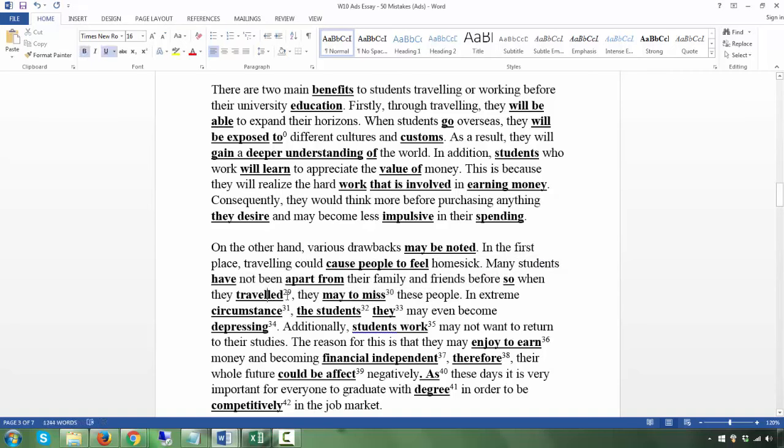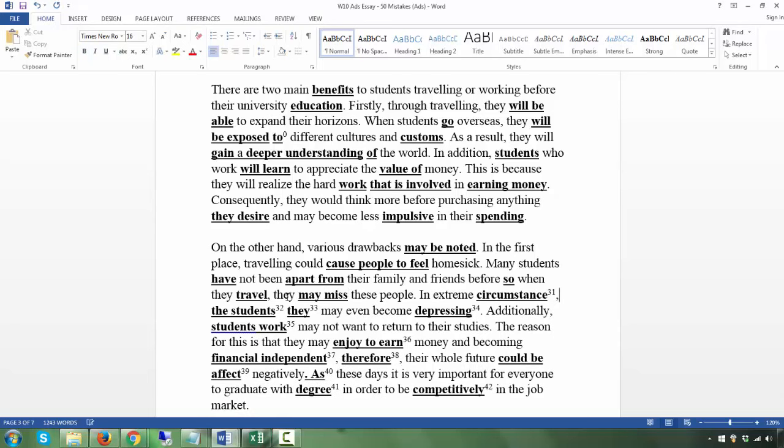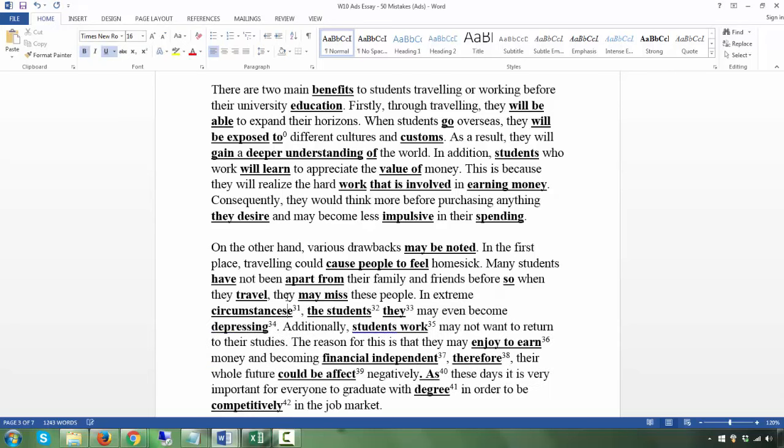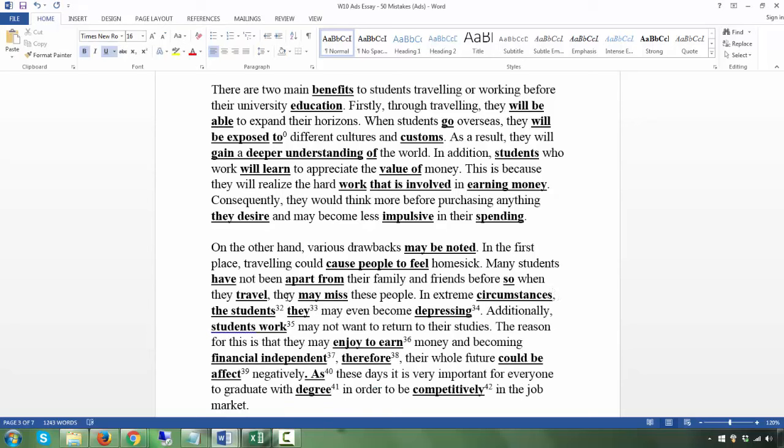Okay, so when they, again, no past simple tense, just when they travel, because this still happens, present simple. They may, modal verb, no to plus base verb, just base verb. They may miss these people in the extreme. Circumstances are countable, and you're talking generally. Okay, circumstances.